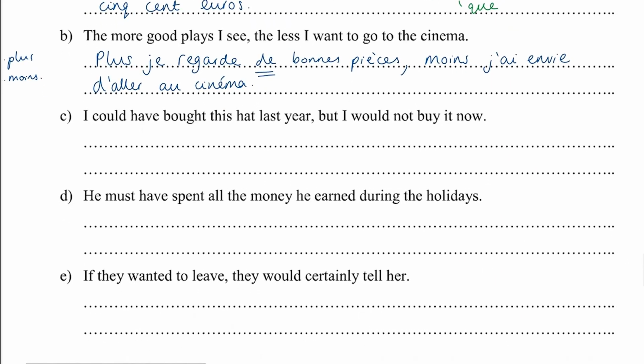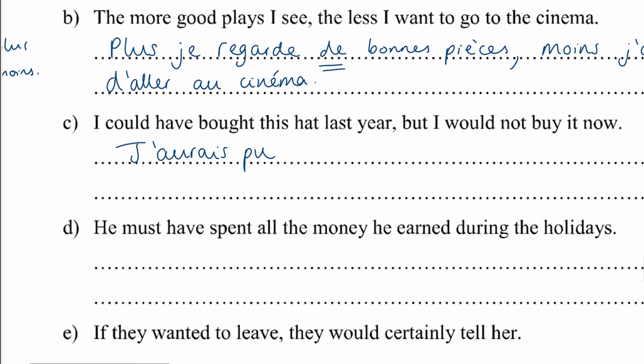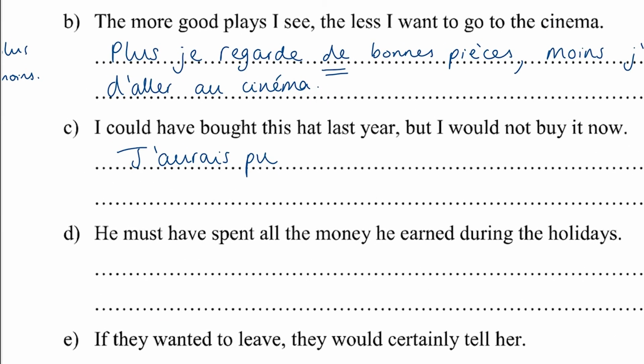I could have bought this hat last year, but I would not buy it now. I could have bought, that's going to be a conditional perfect. That's a formula you just have to learn. J'aurais pu. So remember, we actually touched on this earlier when we had j'ai dû, didn't we? This is a present in English followed by a perfect infinitive. But in French, we need to have the whole thing in the past tense.